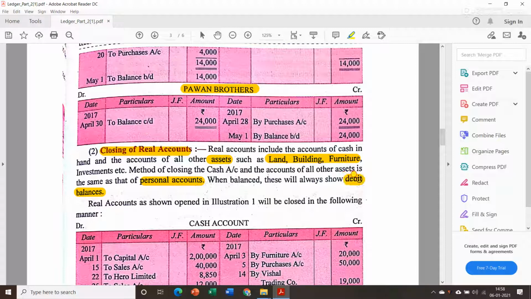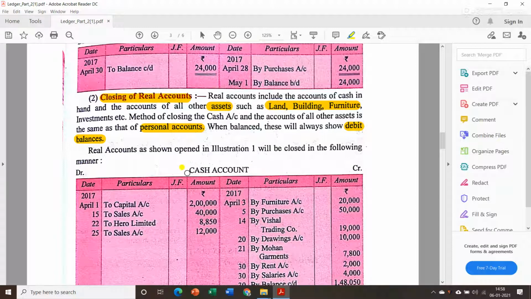Now we know that real accounts we have to balance in the same manner as personal accounts, and real accounts always show debit balances. Now let us see, here we have one real account, that is the cash account. Remember these ledger accounts are from the illustration questions of previous sessions.